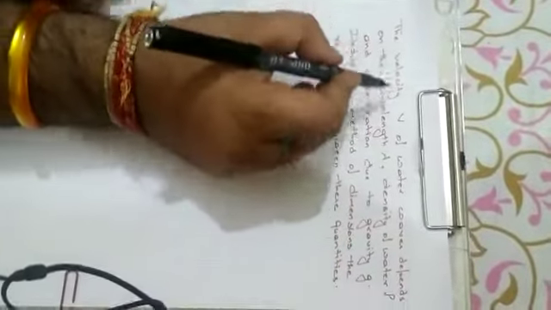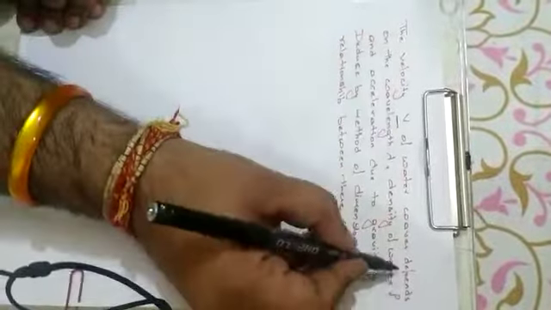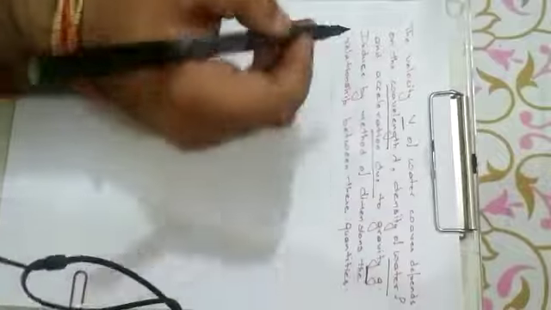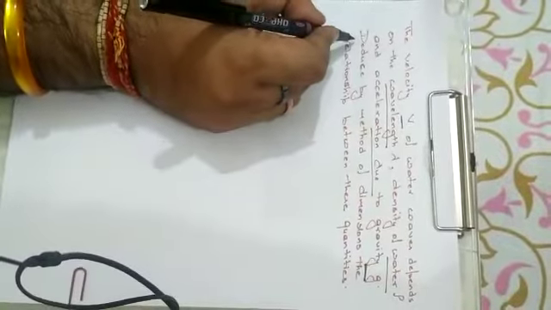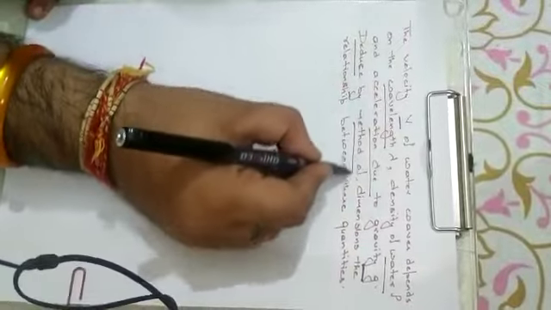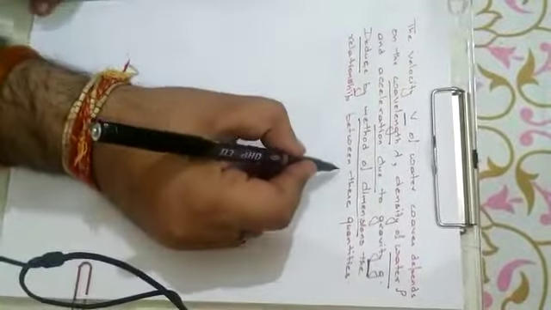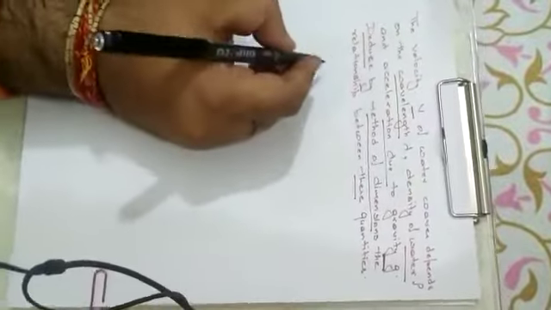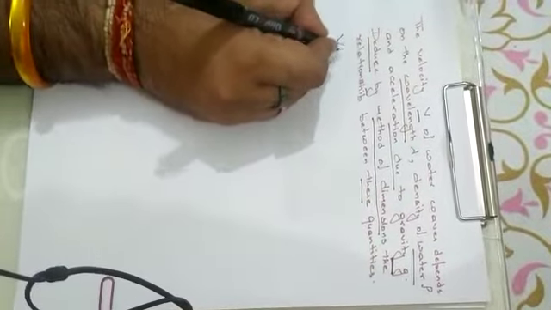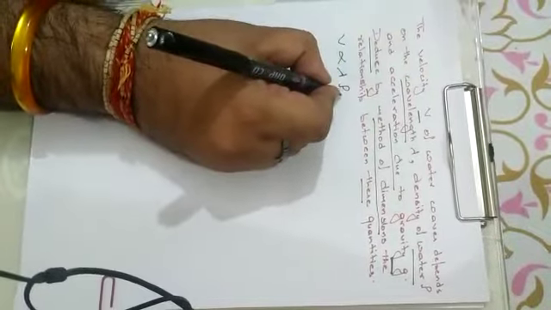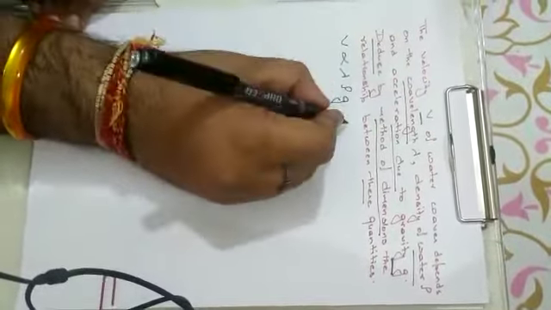The next is velocity depends on wavelength, density rho, and acceleration due to gravity g. Sometimes they can ask you like this: reduce by method of dimension the relationship between these quantities. So the steps are the same. First of all, v depends on lambda, rho, g.